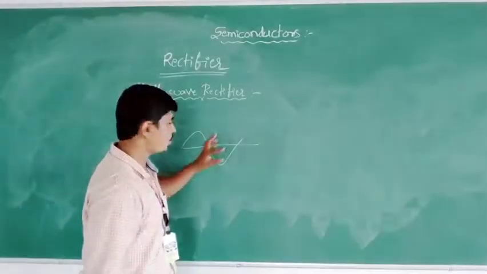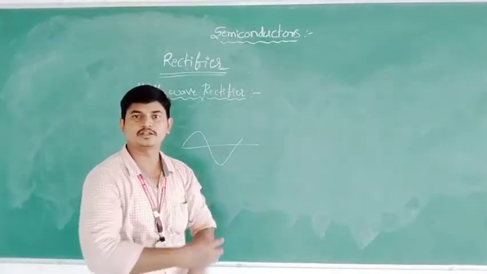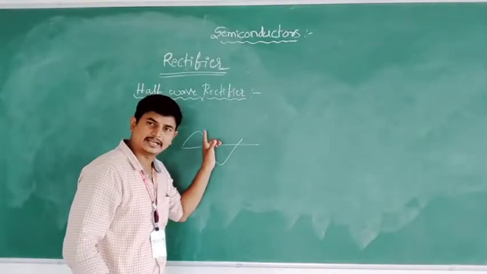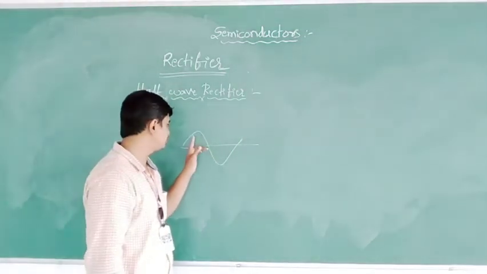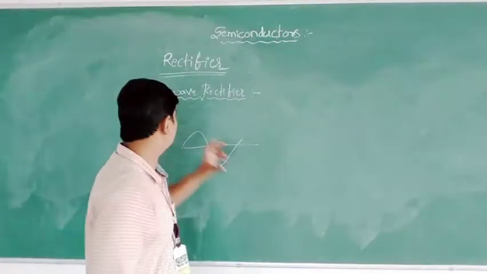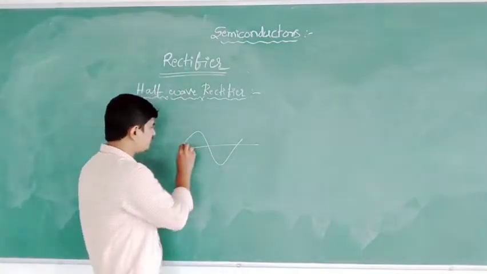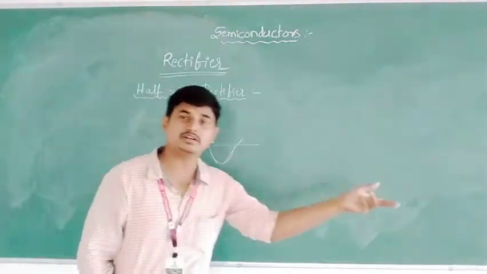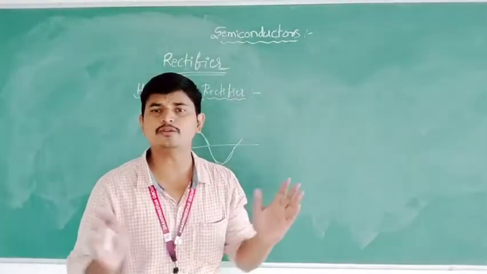Out of two, only one half comes out as output from this input. The input is alternating, but the output is only one half cycle, this or this. If both the positive half cycle and the negative half cycle are converted into output, we call it a full wave rectifier.